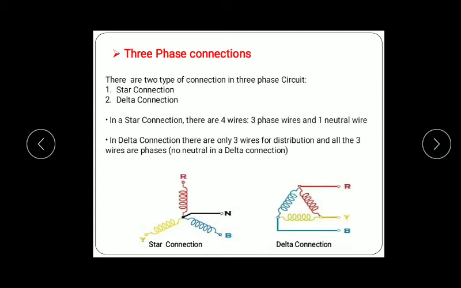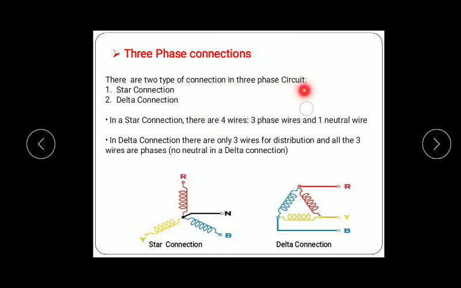Next, three-phase connection. There are two types of connection in a three-phase circuit: star connection and delta connection. In star connection there are 4 wires.